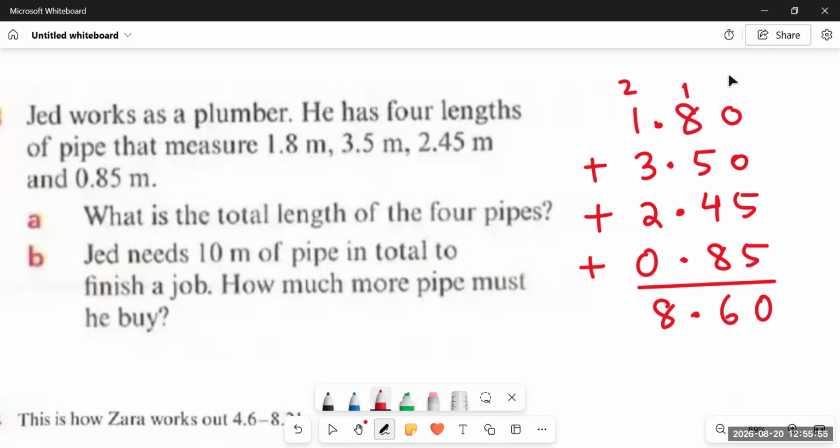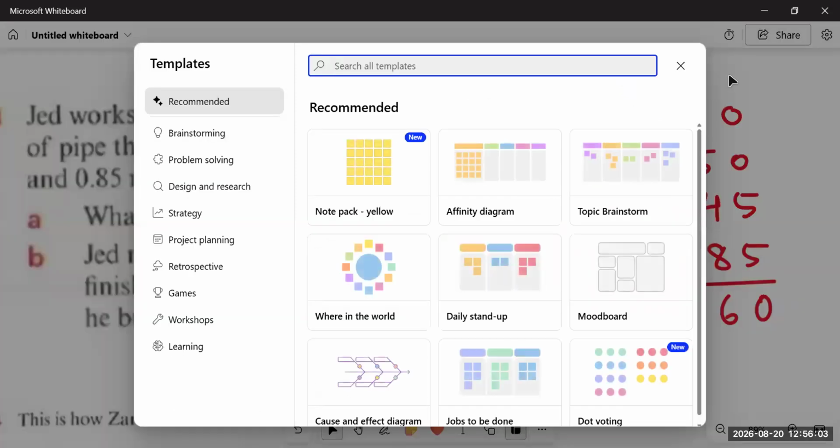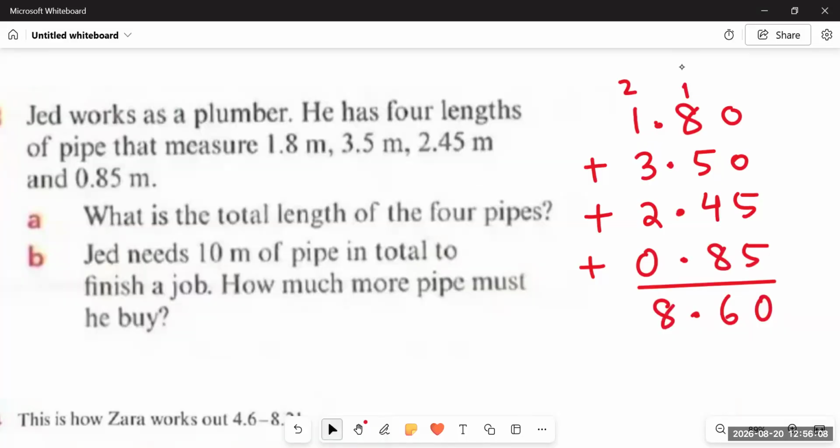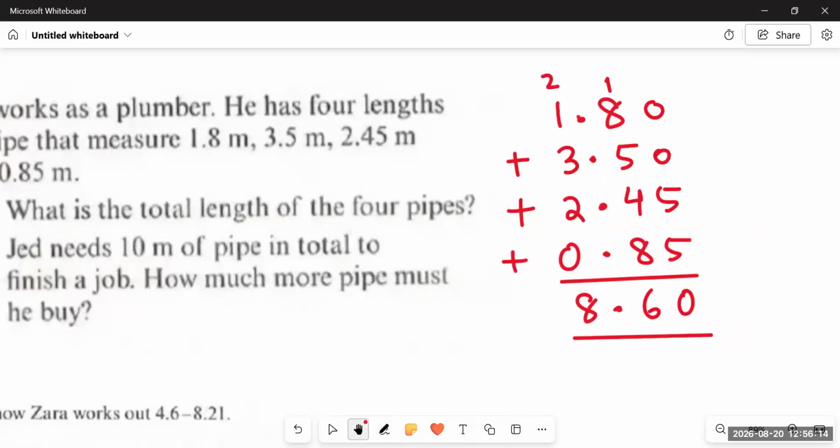So it says Jed needs 10 meters of pipe in total to finish a job. How much more pipe must he buy? So since he doesn't have enough pipe, the total length of these four pipes is 8.6. It means to complete it to 10 meters, he has to add some more.